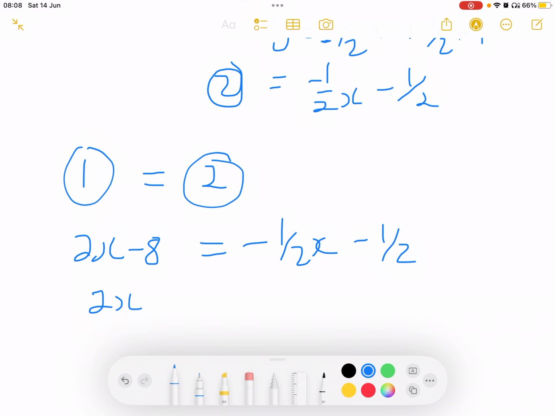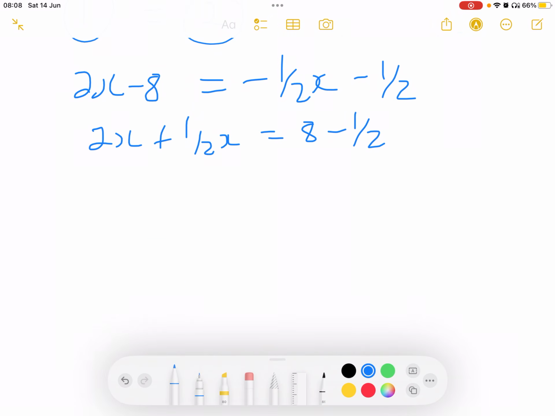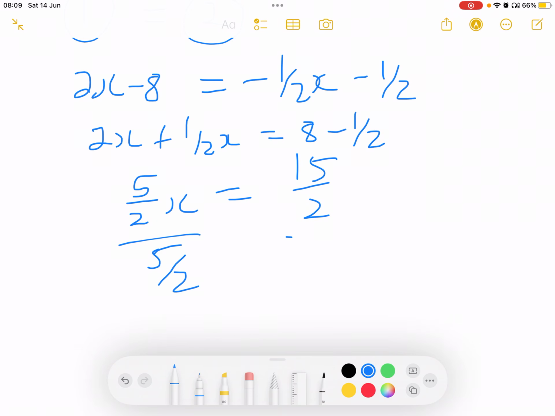So 2x plus half x is equal to 8 minus half. We are going to get here 5 over 2 x equals 15 over 2. We divide both sides by 5 over 2, and we get that x is equal to 3.